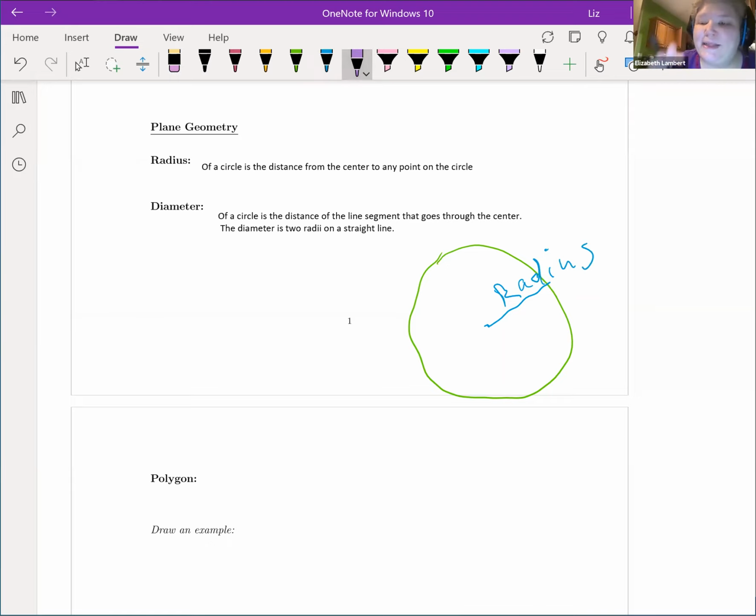Now, any line I draw that goes through the center and touches both sides of the circle, that full length is the diameter. But I can draw it any which way. As long as I go there and stop there, that's a radius. But if I keep going on the same presumably straight line, then that would be the diameter.